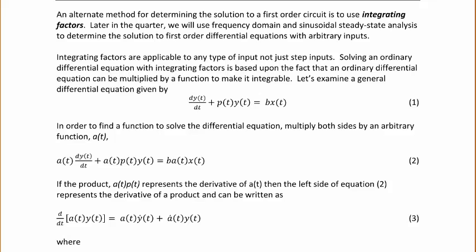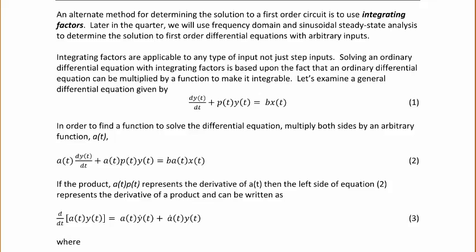Let's examine a general differential equation given by dy(t)/dt plus p(t) y(t) equals b x(t). In order to find a function to solve the differential equation, multiply both sides by an arbitrary function a(t). This yields a(t) times the derivative of y plus a(t) times p(t) times y, which equals b a(t) x(t).